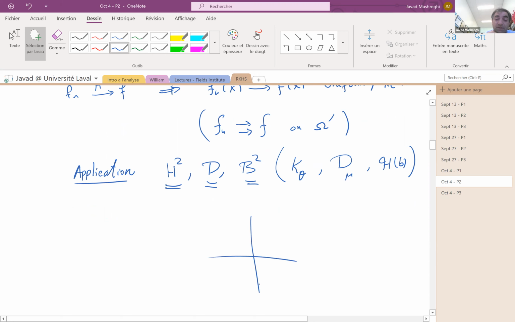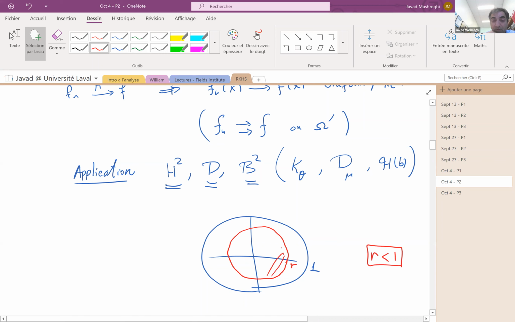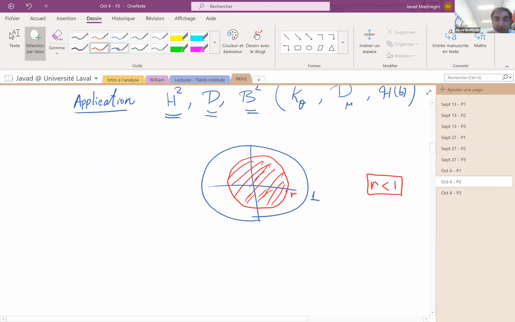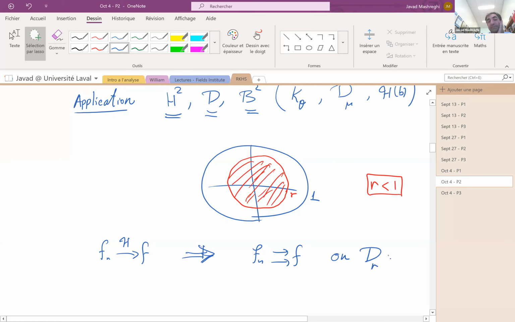This is the open unit disk. If you stay away from the frontier, a disk of radius r, but r is strictly less than 1, on this disk, if Fn goes to F in any of these spaces I mentioned above, then Fn uniformly goes to F on the fixed disk.